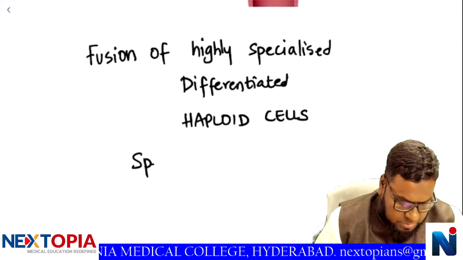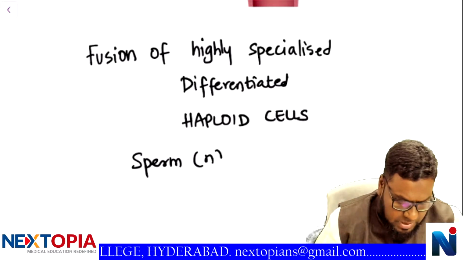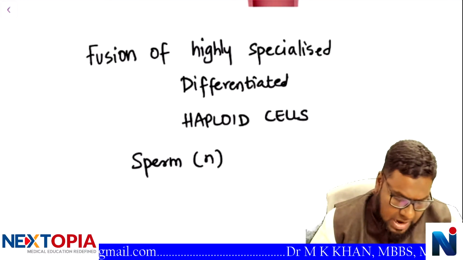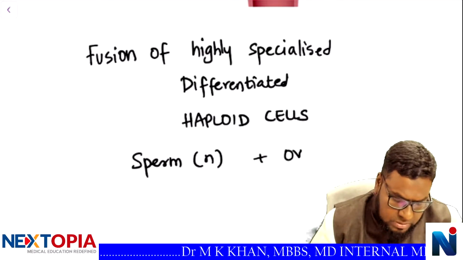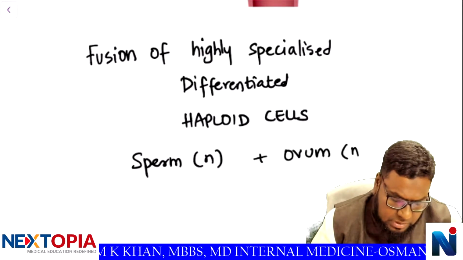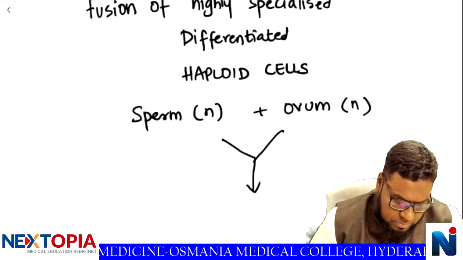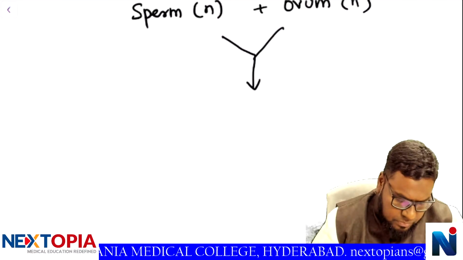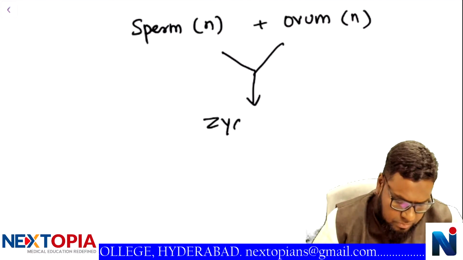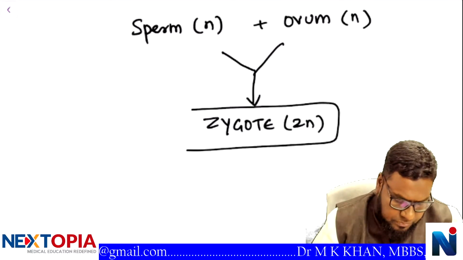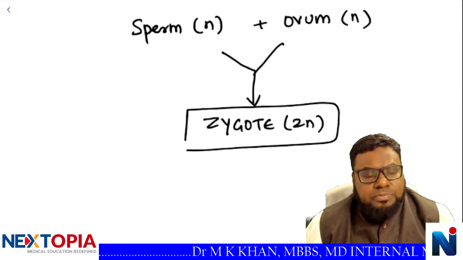So we have a sperm, which is small n. N is the number of chromosomes present in this, 23. And then we have the secondary ovum, which is haploid, to form a zygote, which has a diploid structure.